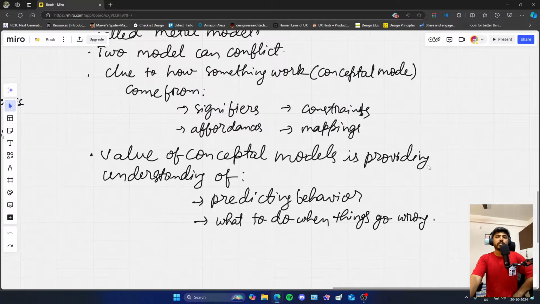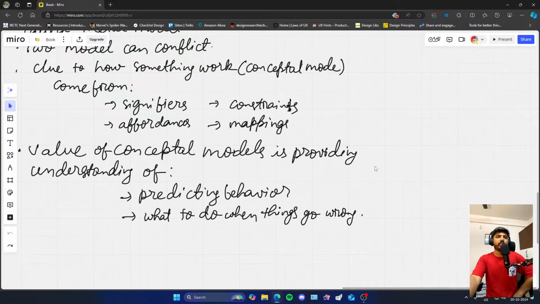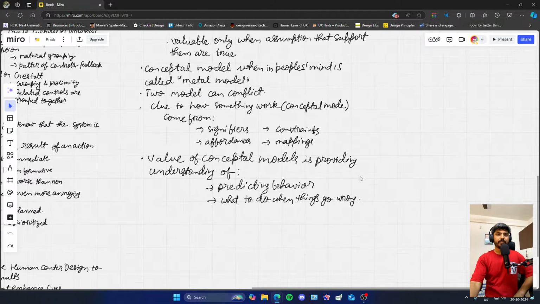Now, the value of a conceptual model is that it provides understanding of predictable behavior and what to do when things go wrong. If something is going wrong and your conceptual model is fine, you could maybe stop the loss. Or before you start working, you can predict the behavior of the system. That is another advantage.